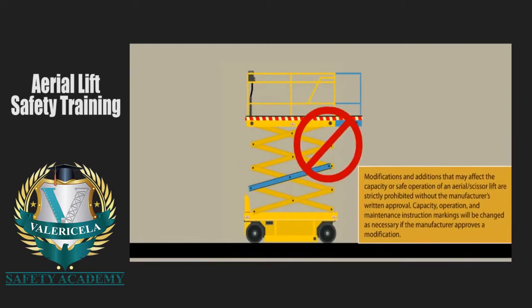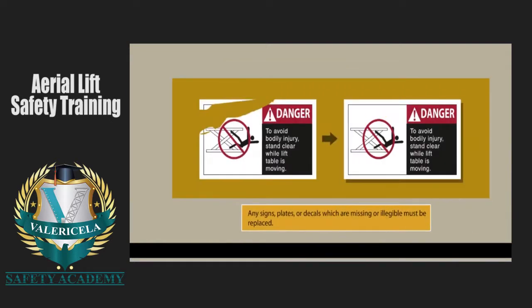Modifications and additions that may affect the capacity or safe operation of an aerial or scissor lift are strictly prohibited without the manufacturer's written approval. Capacity, operation, and maintenance instruction markings will be changed as necessary if the manufacturer approves a modification. Any signs, plates, or decals which are missing or illegible must be replaced.